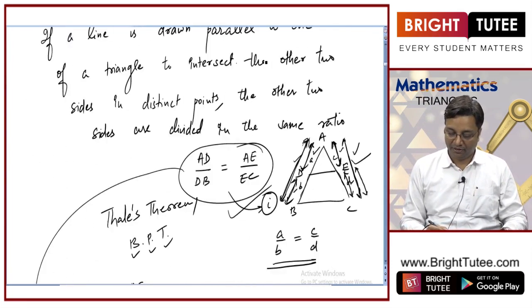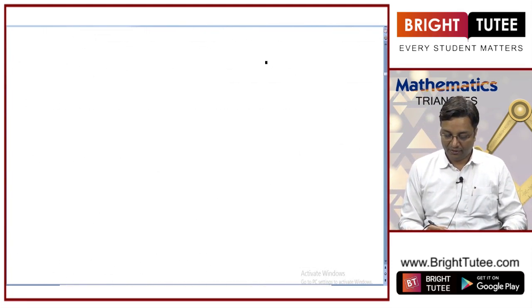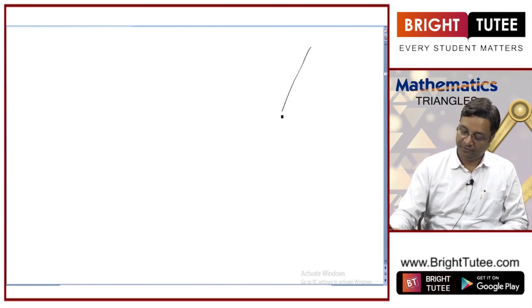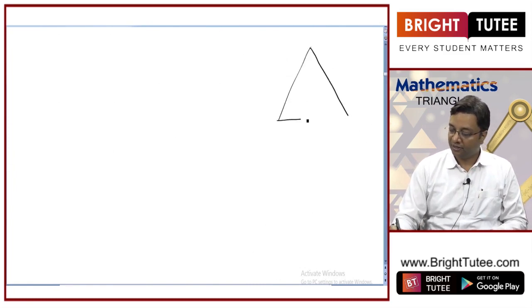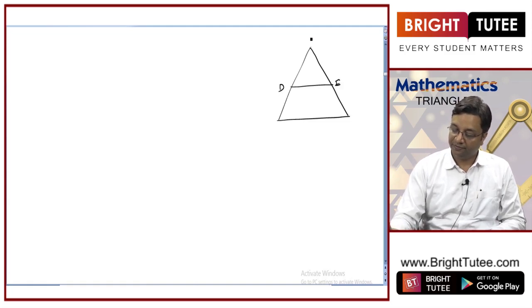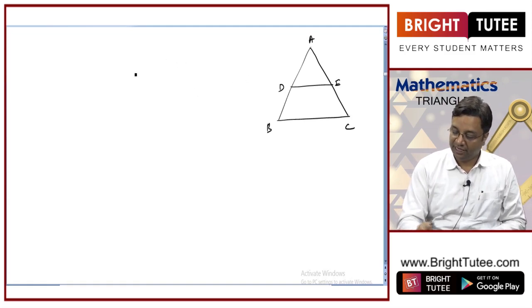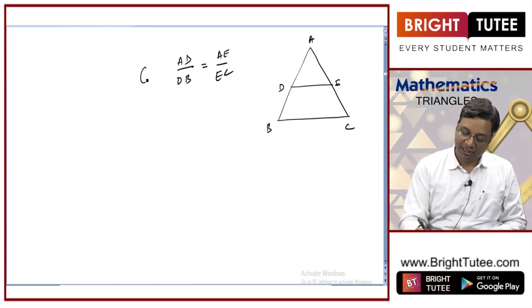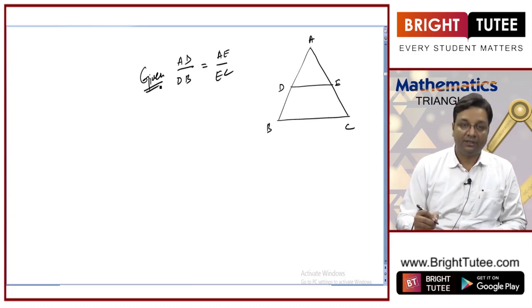For example, if you are given that this is a line DE which divides AB and AC in such a way that AD by DB is equal to AE by EC. Now, this time this is given, right.